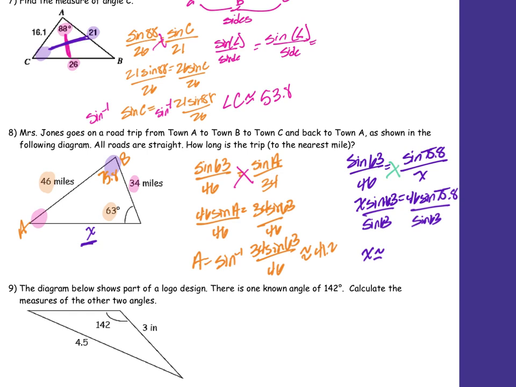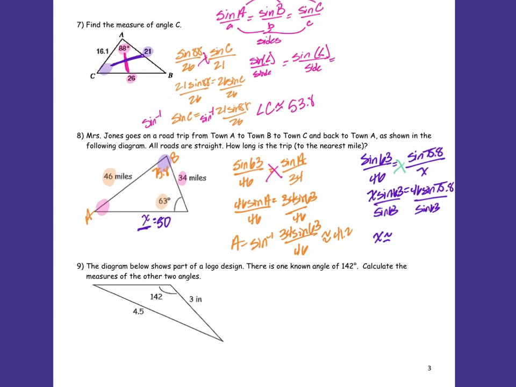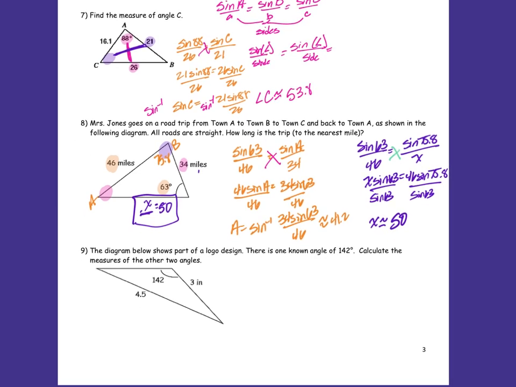So this is 50. Okay. And then really the story problem asks how long is the trip? So you would add all 3 miles together and get the total. But I just want to make sure that you guys can find this. Okay. So you guys are going to do this next one.